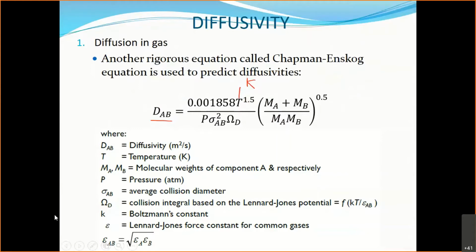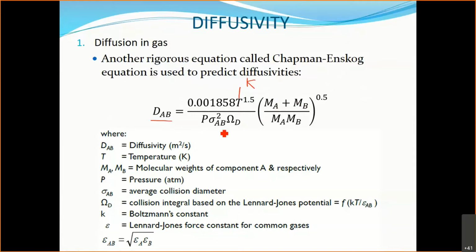That's why in the description I put temperature in brackets, Kelvin. If the temperature is in degrees Celsius, you have to change it into Kelvin. MA and MB are the molecular weights of component A and component B. P is the pressure of the system and it must be in atm.